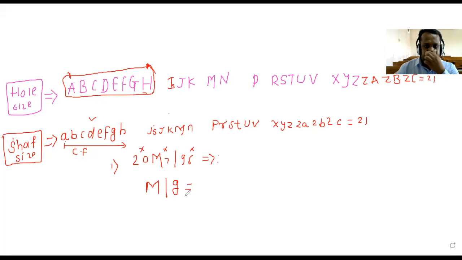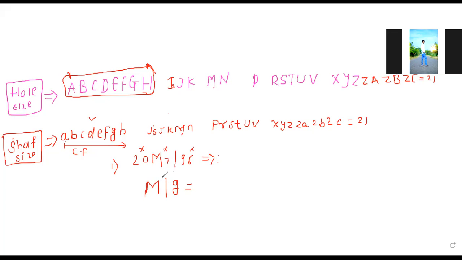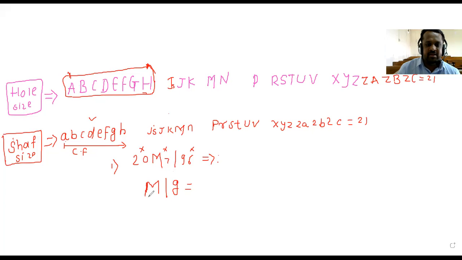Yes, just see here whether that capital M lies between capital A to H. No. Okay, if this capital letter does not lie between A to H, then it is not necessary to go to this side. Once again I will repeat, it is not necessary to go in this direction.